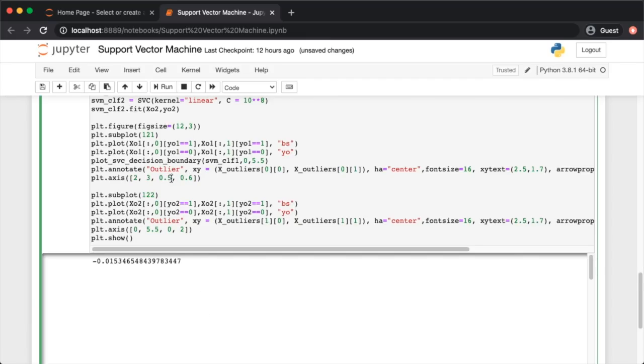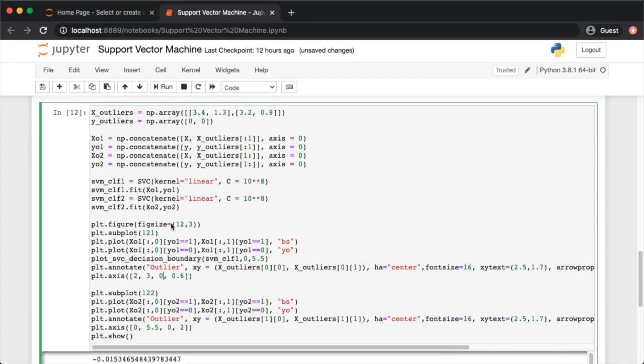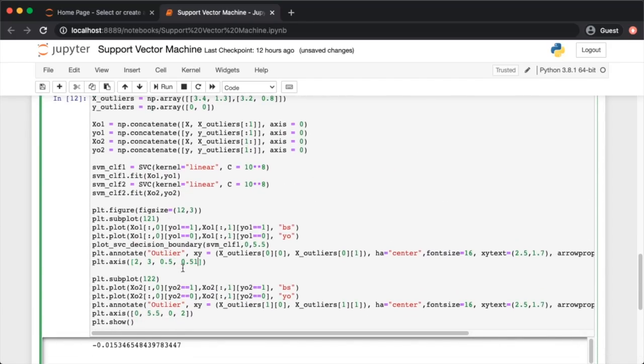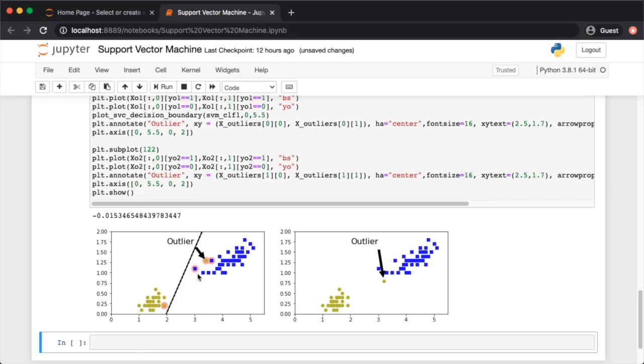Nah, it's not working. It's over here. So there you go. Okay. Okay, let's return those values as they were. There you go. Okay. So the margin is 0. We couldn't find a proper margin to linearly separate both data sets. So that's where it fails.